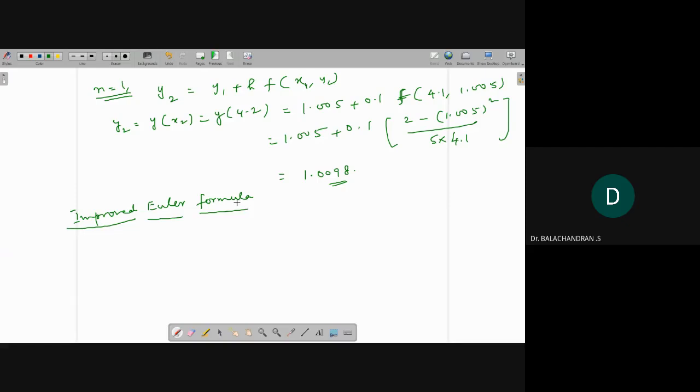Please tell the formula first. yn plus 1 equal to yn plus h by 2 of f of xn comma yn plus f of xn plus h comma yn plus h f of xn comma yn.